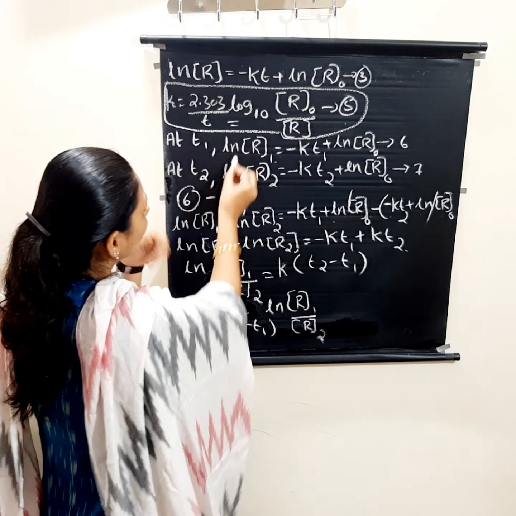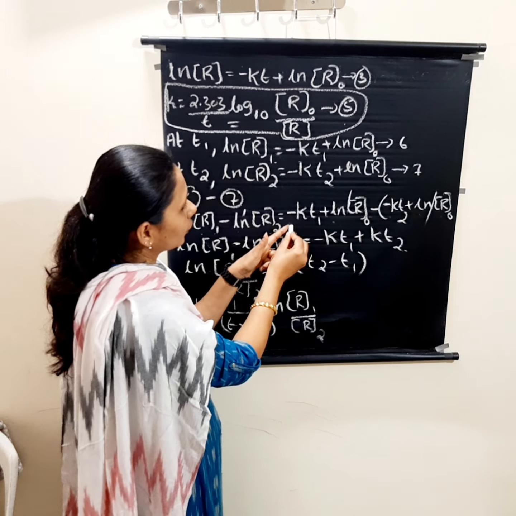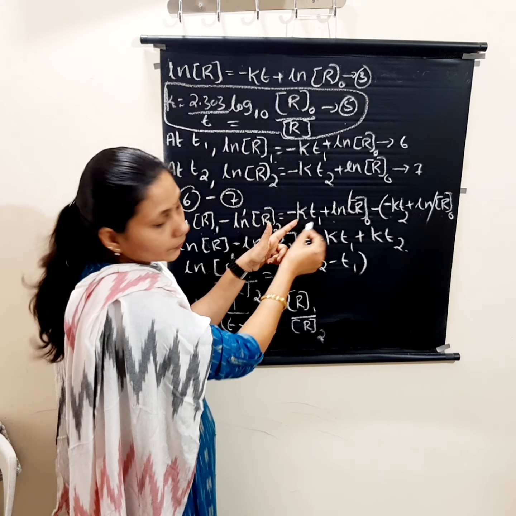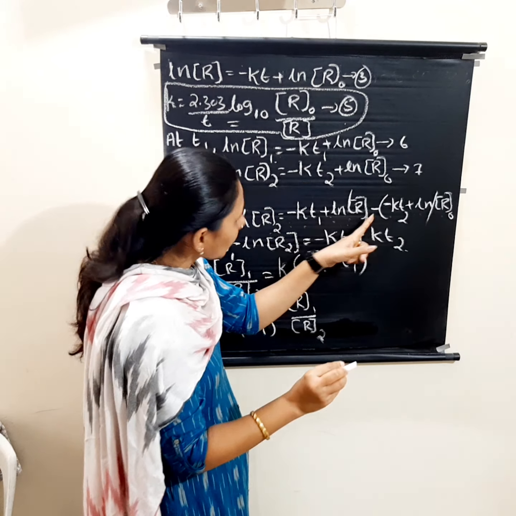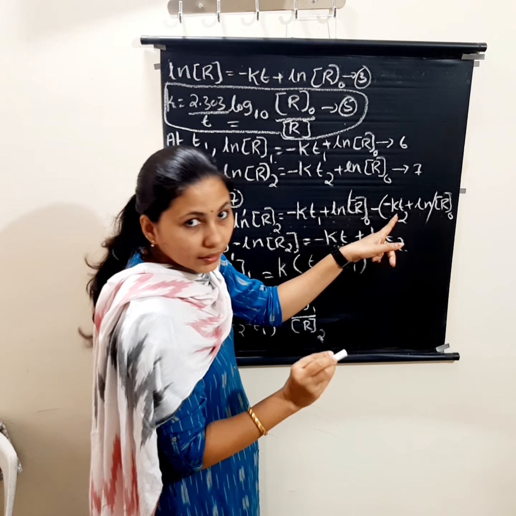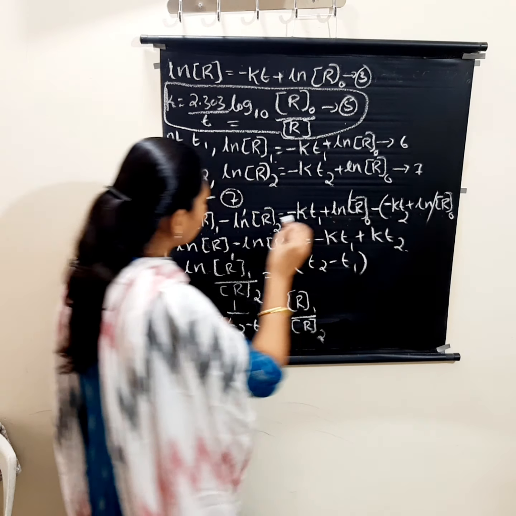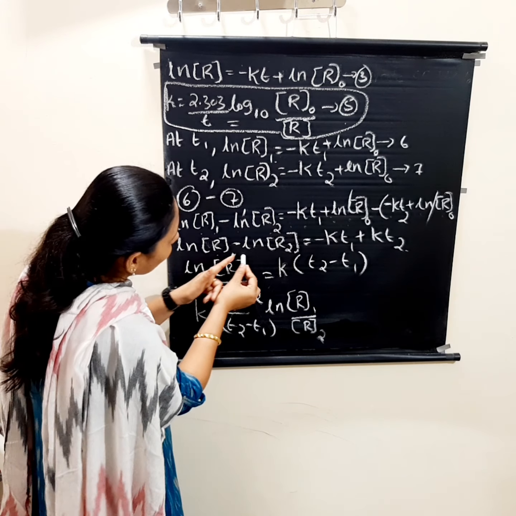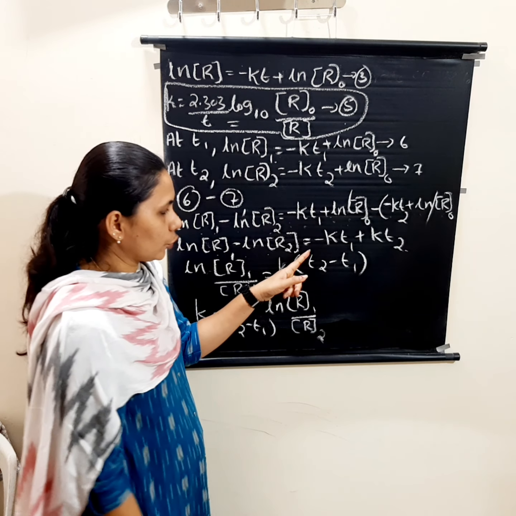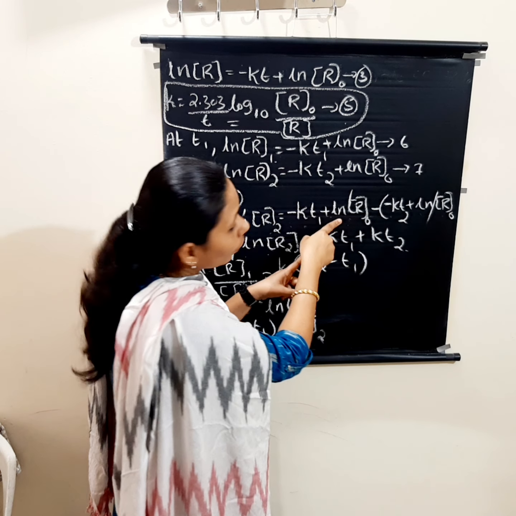On the left side we are subtracting: ln r1 minus ln r2 equals minus kt1 plus ln r0 minus, inside the bracket, minus kt2 plus ln r0. Then cutting the common term, left side no cutting.